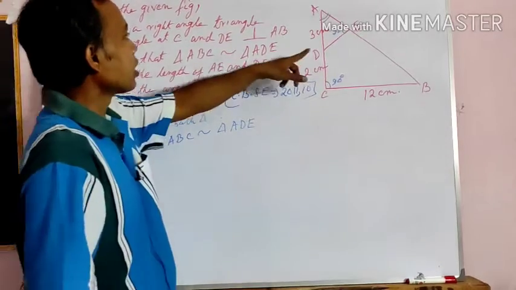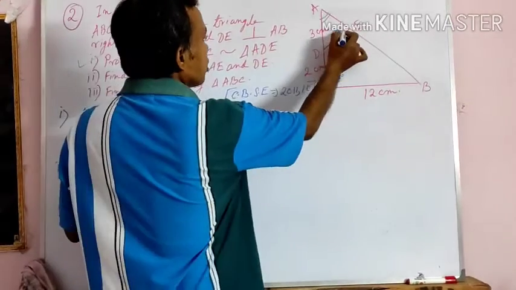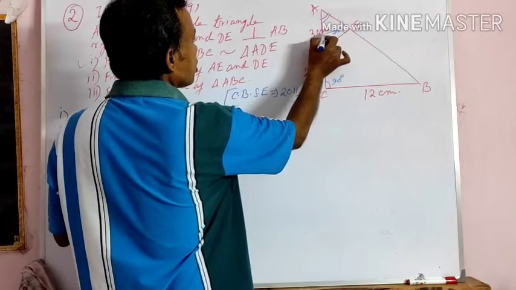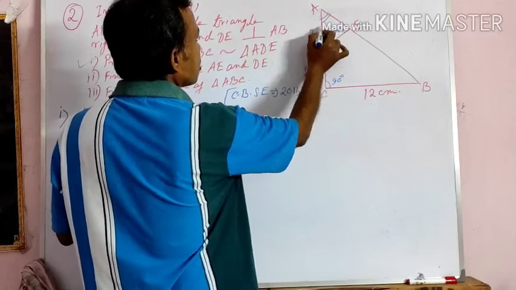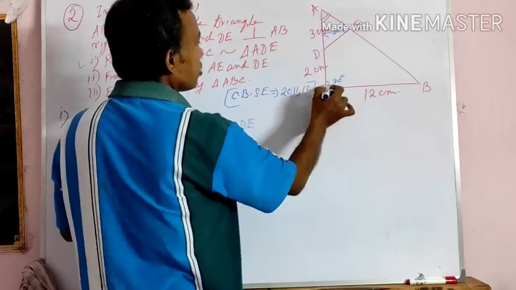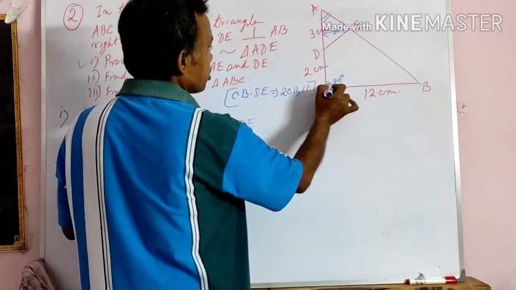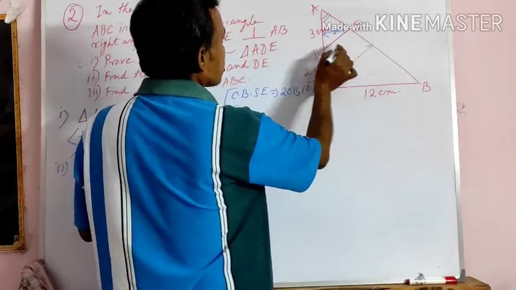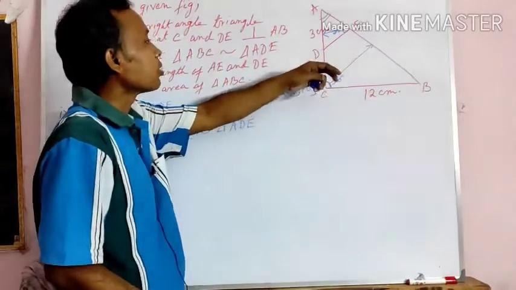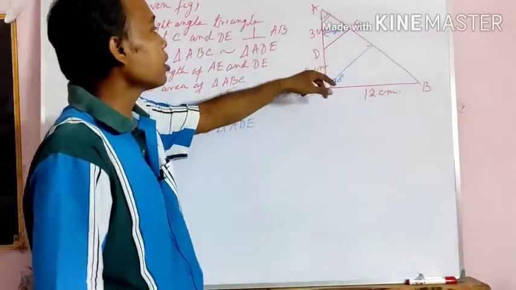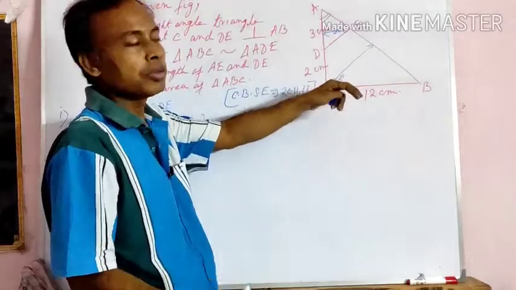Now let us prove the second part. In front of angle E is the side AD. In front of angle C, the side is AB. Since the two triangles are similar, the ratio of corresponding sides will be equal.